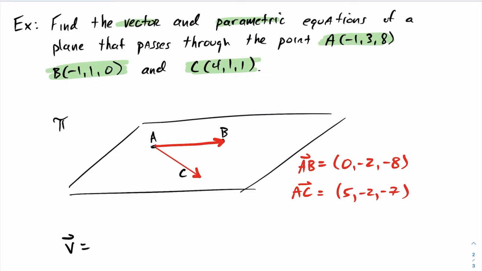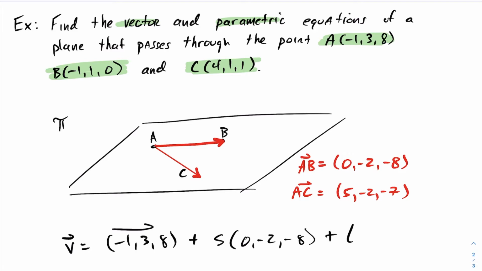V equals our point, and in this case I've chosen point A, so it'll be -1, 3, and 8, plus any scalar multiple of our first direction vector, 0, -2, -8, plus any scalar multiple of our second direction vector, 5, -2, and -7. So therefore, one representation of the plane will be the vector -1, 3, 8, plus s times 0, -2, -8, plus t times 5, -2, -7.